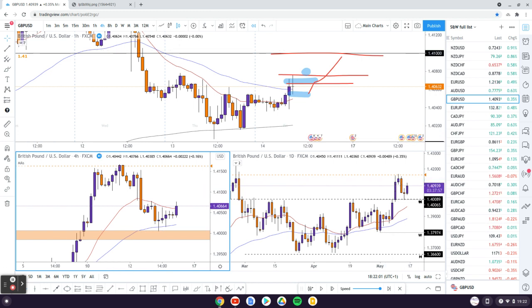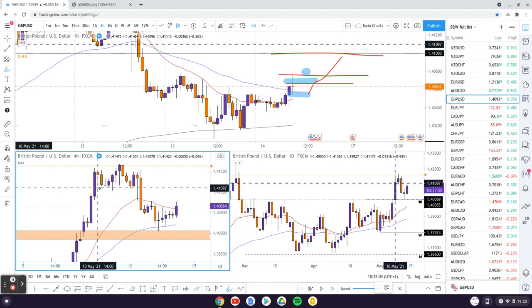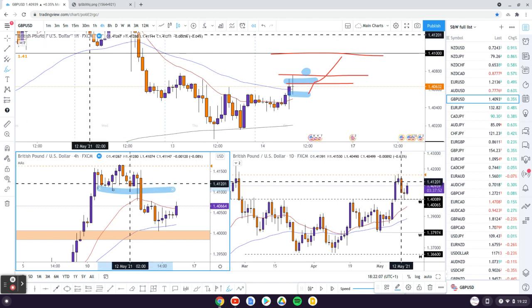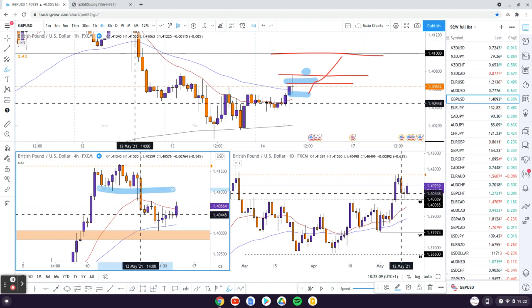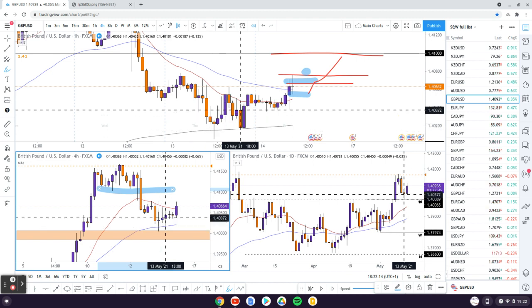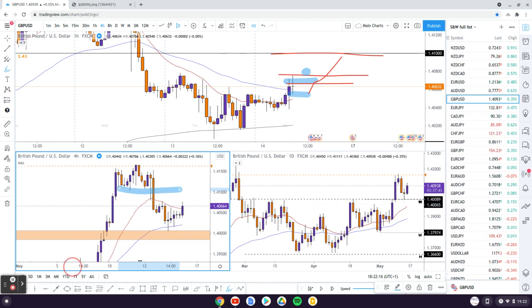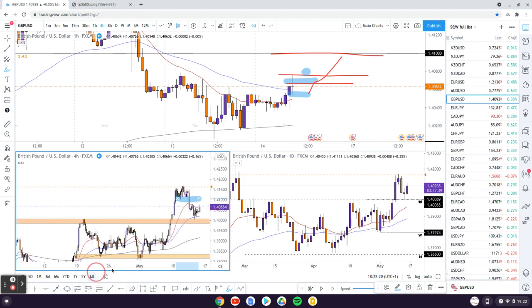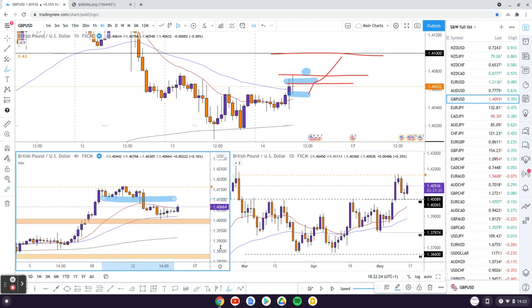Now, obviously, going on to the 4 hour, we have this area that was broken to the downside, and then we went sideways again, pushed down again, but we were really struggling. This area here is a break and retest area on the 4 hour. It was resistance for quite a while.